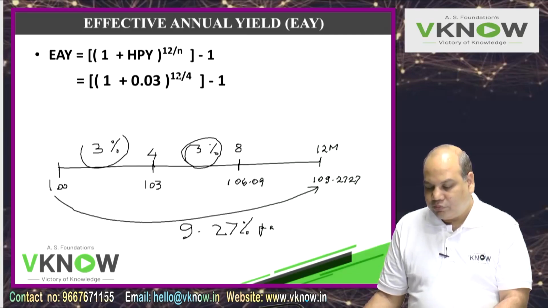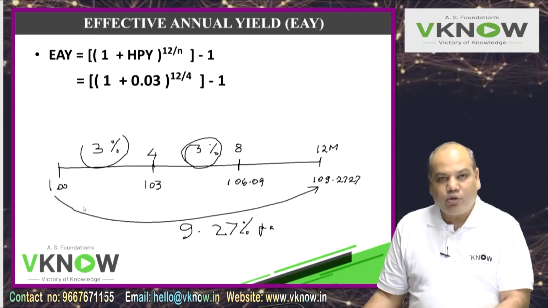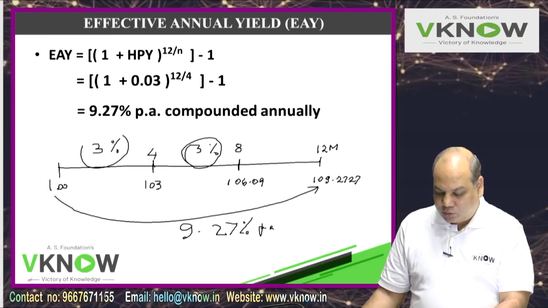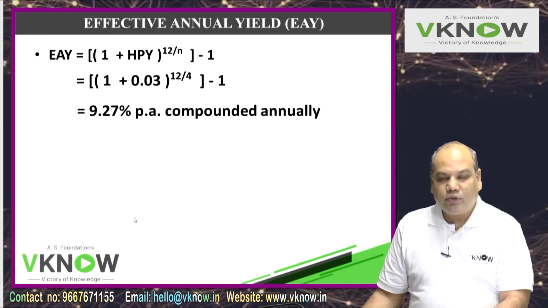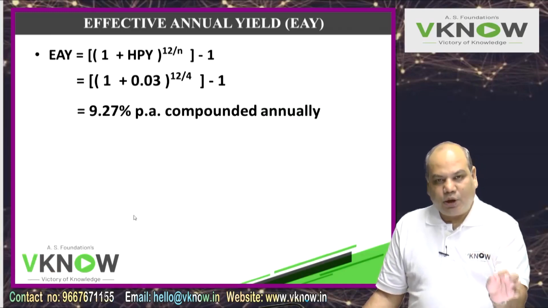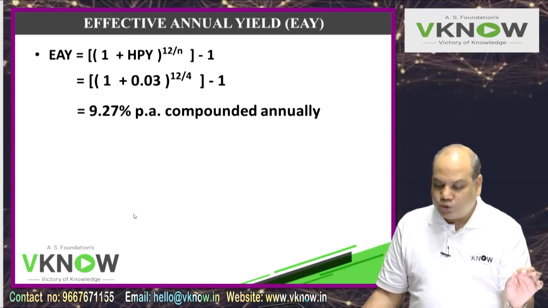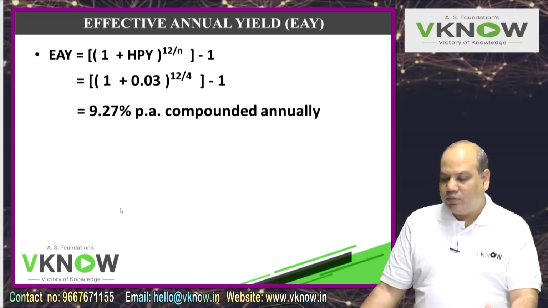So 3 times this compounding will be done, and you deduct minus 1, assuming you have 1 rupee at the beginning. So remove that 1 rupee, the difference gives you interest on 1 rupee. In the diagram below, I have taken 100 rupees for understanding. Now you multiply by 100%. So this will give you 9.27% per annum compounded annually. 9% per annum compounding every 4 months is equivalent to 9.27% per annum compounded annually.